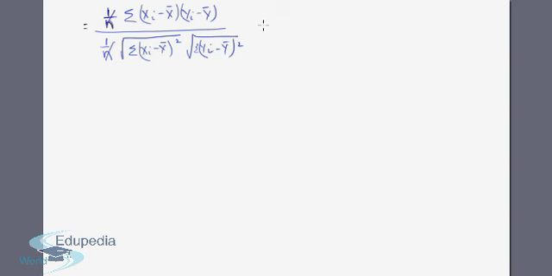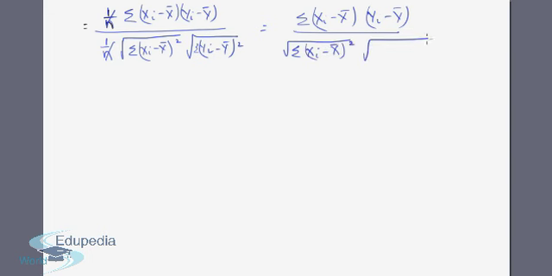These two will cancel and we will have the first type of the formula which we had discussed previously. So we'll have summation xi minus x bar times yi minus y bar divided by root of summation xi minus x bar square times summation yi minus y bar square, and let me call this 5.